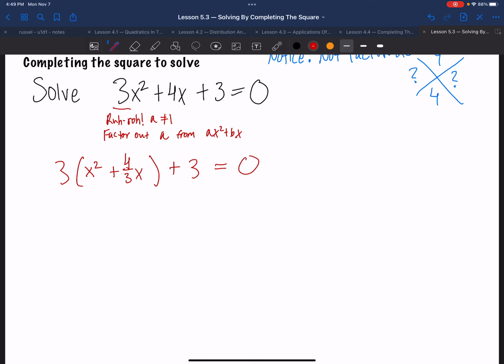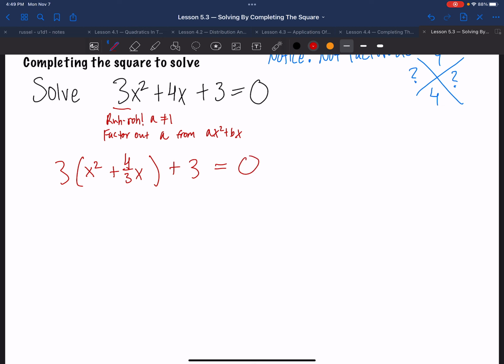Okay, now, I'm going to say magic number time, right? To complete the square, I use b over 2 squared, which in this case, what does b equal here? Where b equals 4/3. I'm a little slow tonight. I'm sorry.